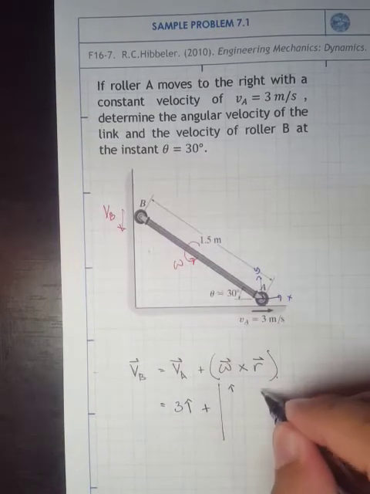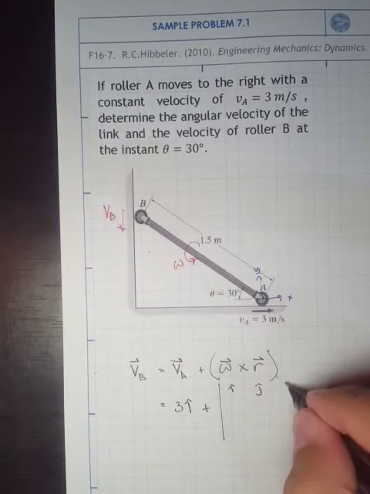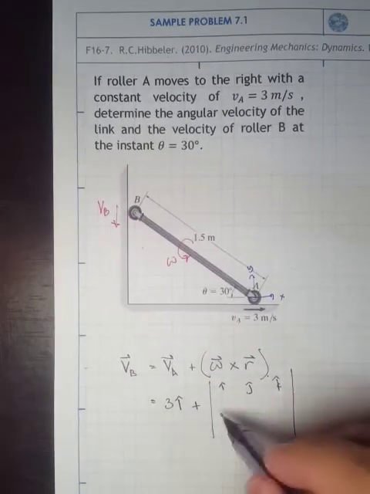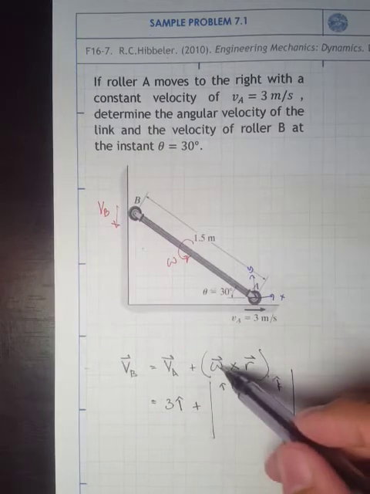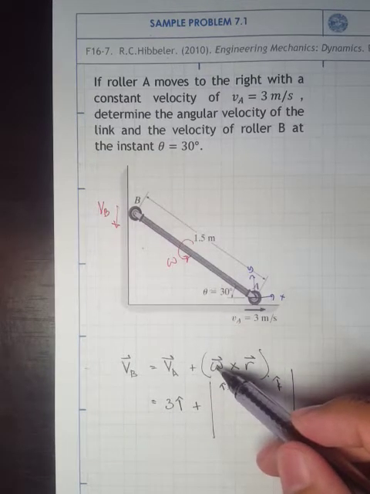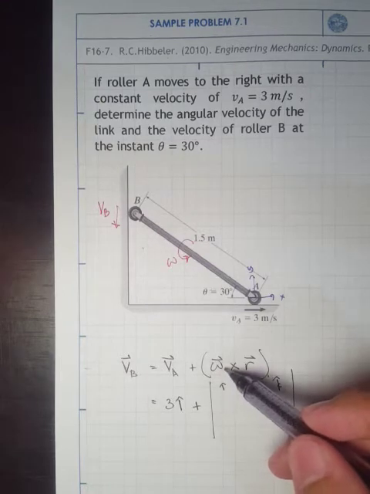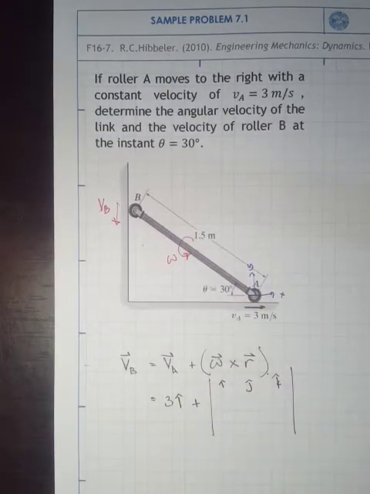Recall that for a cross product we have the i, j, k components, and then the second row is the angular velocity.